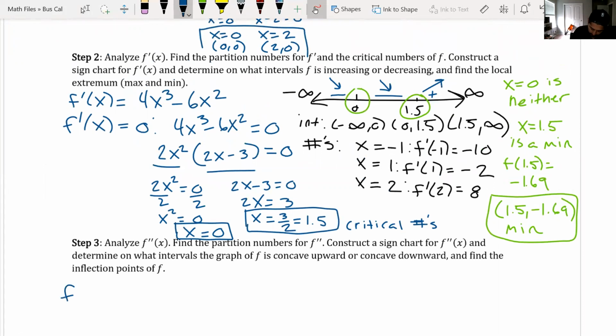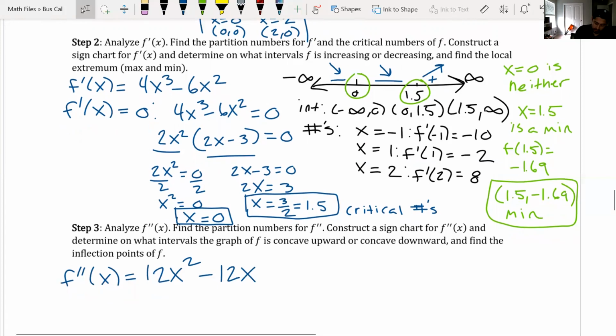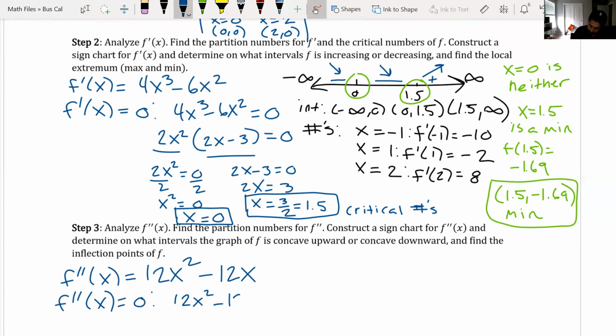So f double prime of x is going to be 12x squared minus 12x. Set that equal to 0. And solve for x.